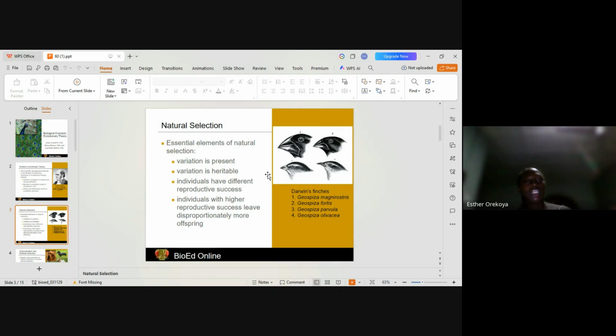One, variation is present. Two, variation is heritable. When you say something is heritable, it means it can be inherited. Offspring can inherit it from their father, from their mother, or from both parents. Three, individuals have different reproductive success. Four, individuals with higher reproductive success leave disproportionately more offspring.